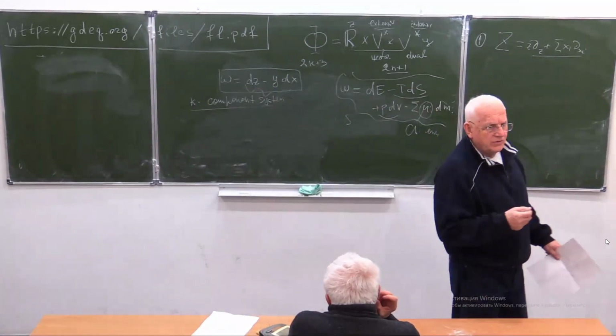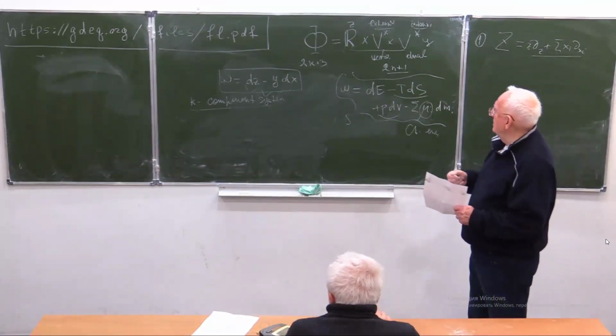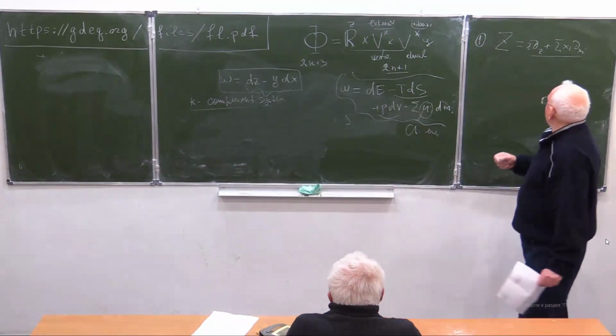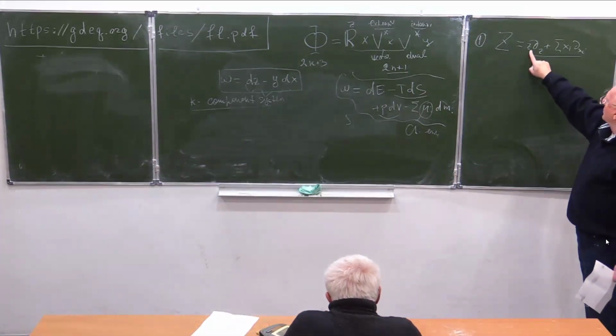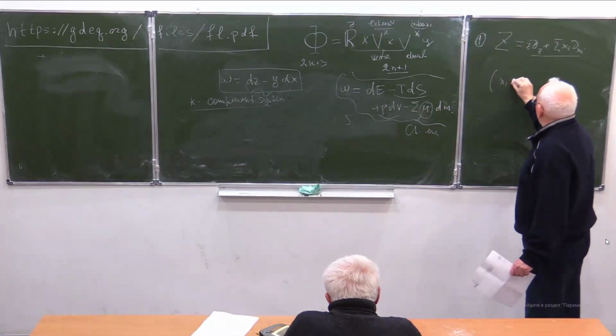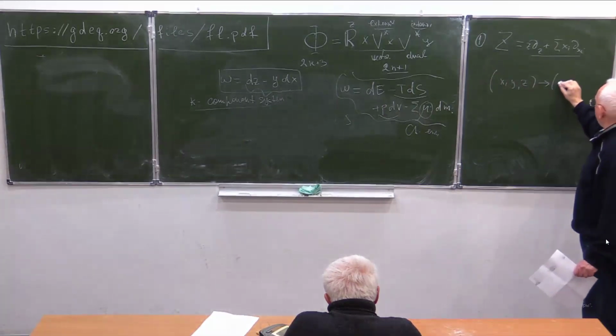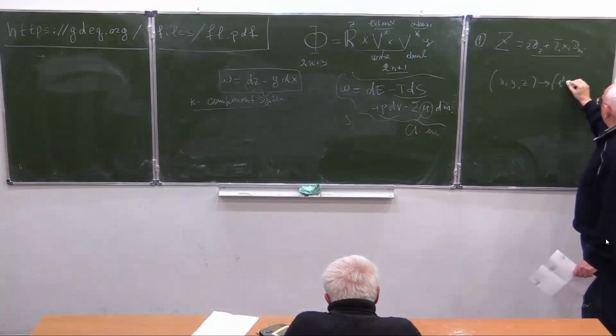But if you simply play with information units to compute entropy, then you do the following. So this x, y, and z will go like this: x will be multiplied, y will be stable.